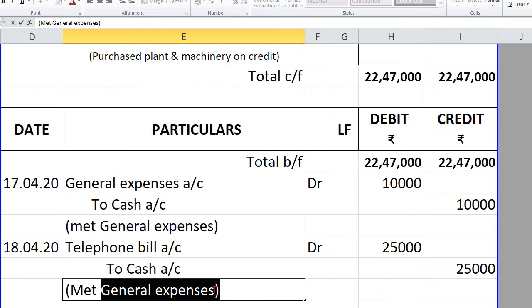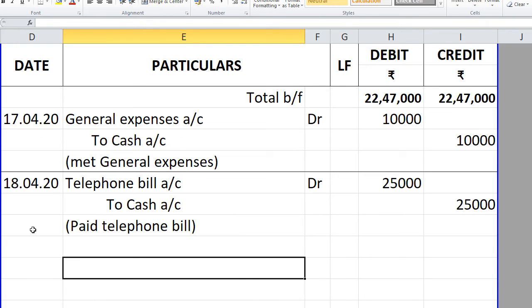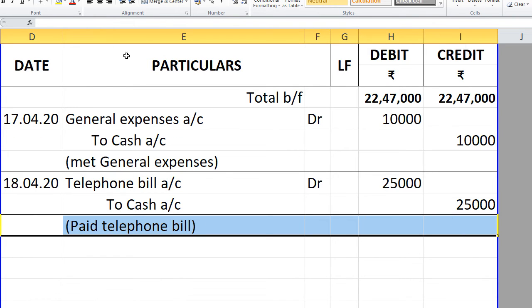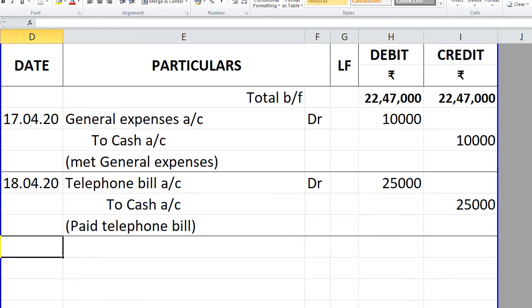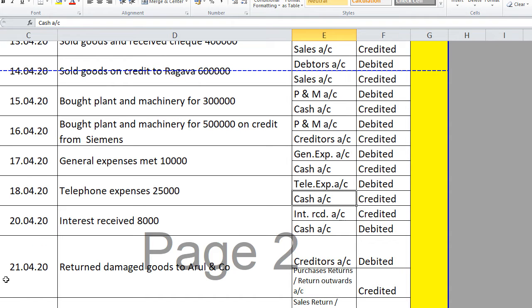Paid telephone bill, let us not be stereotypical. Okay, this is a journal entry, and what we have to do, we have to draw a line. Good. Then now let's go to the next transaction.